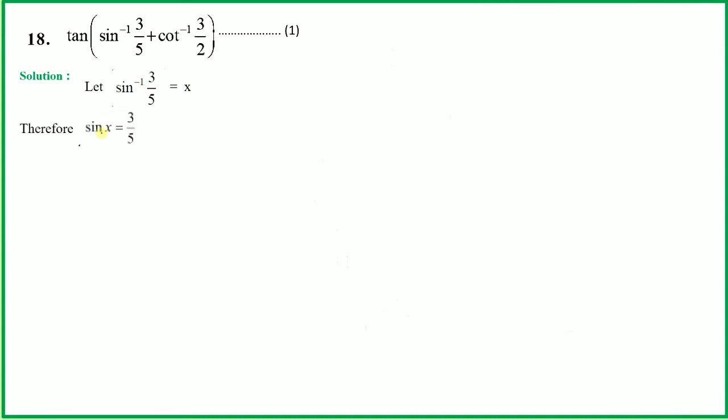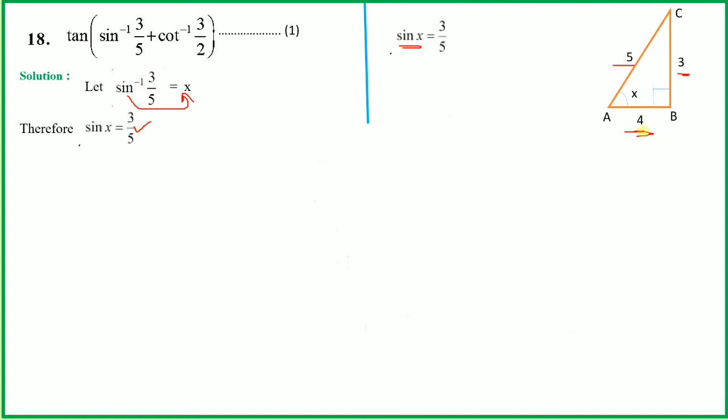Then sine x is 3 by 5, so we can take a right angle triangle ABC with angle x. Sine means perpendicular upon hypotenuse, 3 upon 5. Using the Pythagoras theorem, 5 squared is 25 minus 3 squared is 9, so the value is 4. The base is 4.